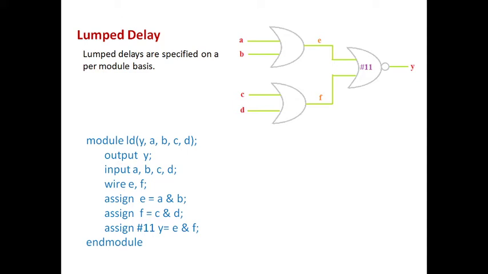So here I can find only a single delay, given as the delay on the output of the last logical gate, or last logical element in a module. What is my last logical element? This is the NOR gate. So a single delay is given to the last logical element in a module.